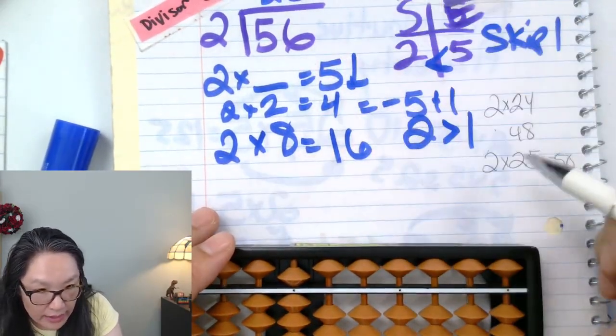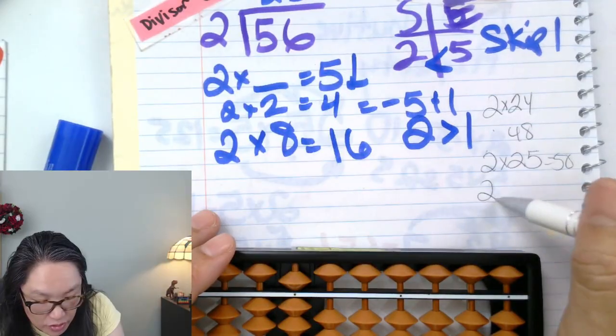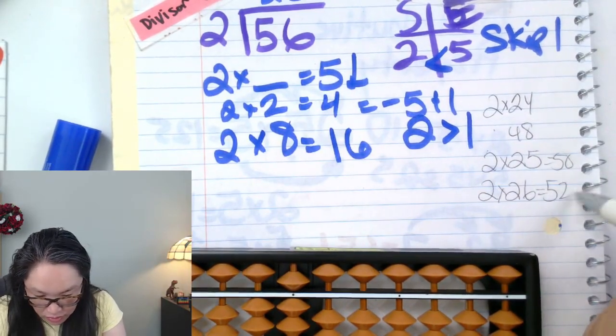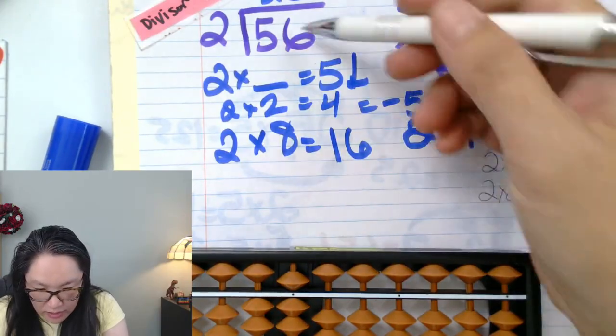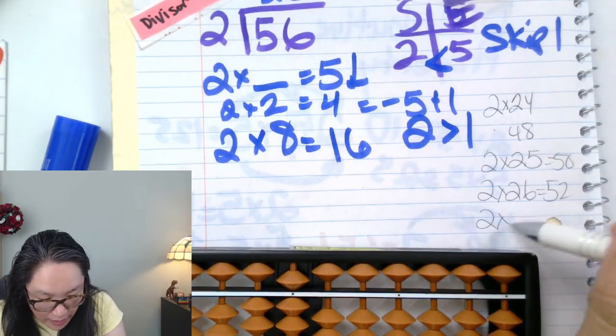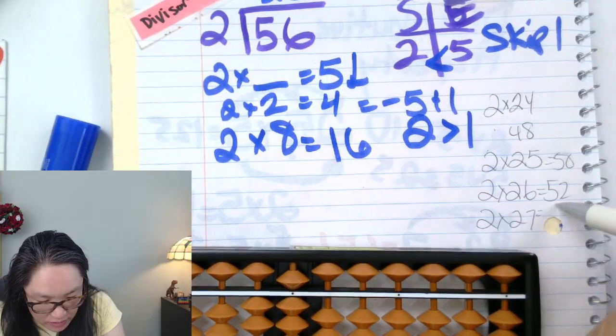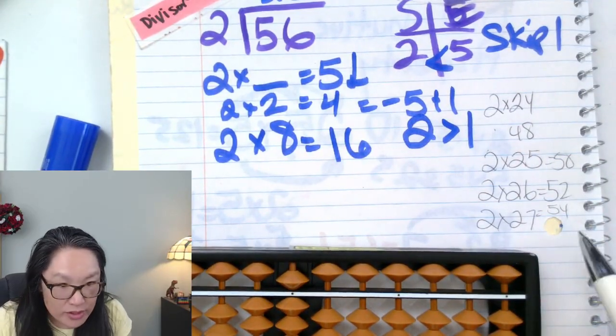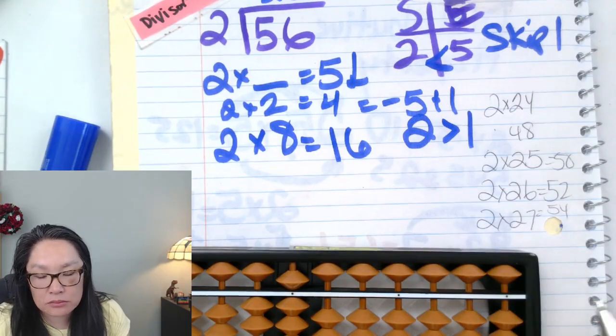Okay, I need more. I need to do another one. So 2 times 26 is 52, right? And then it's like, no, I got to do it again. 2 times 7 is 54. But it's like, well, why are we doing it this way? I don't know.